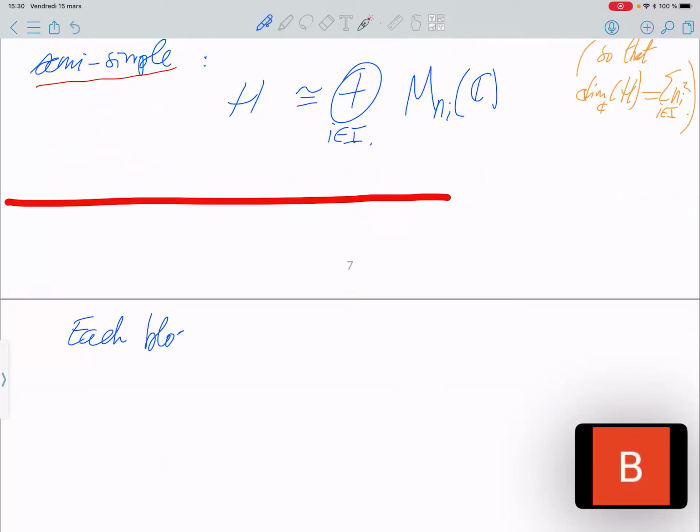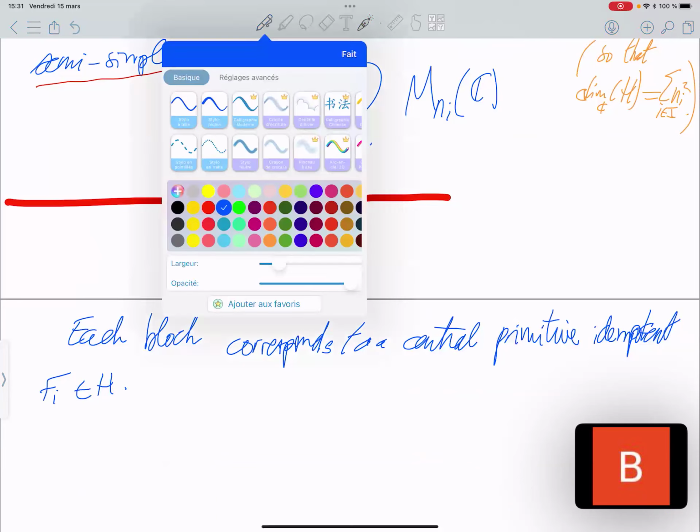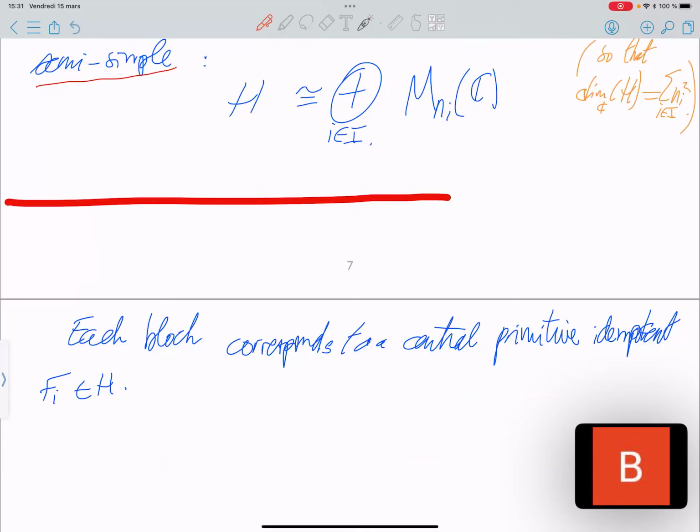So each block corresponds to a central primitive idempotent denoted Fi in H. And if you like, without going to the specific details of this definition, central means that at the level of blocks, you cannot break the block.